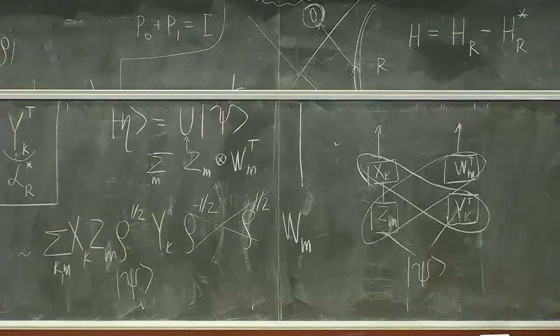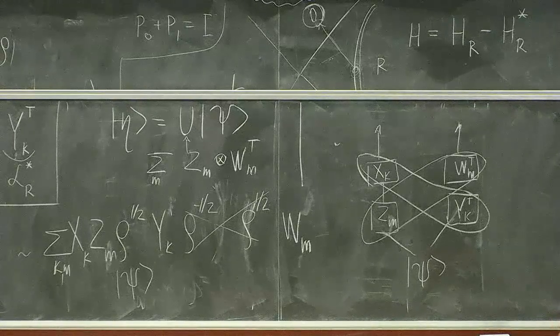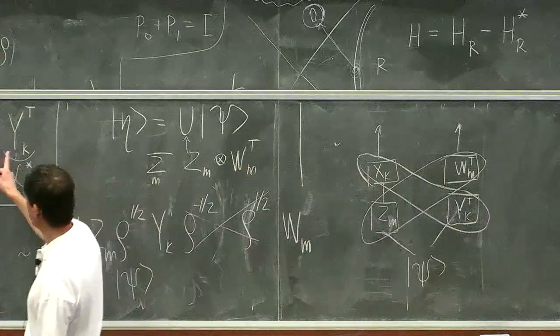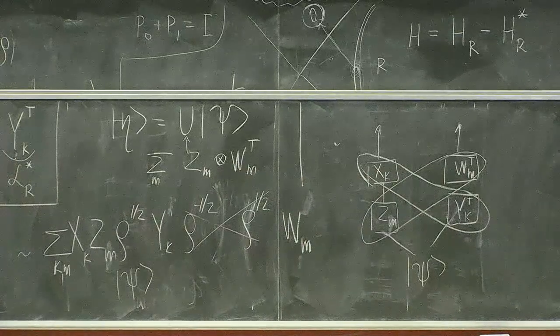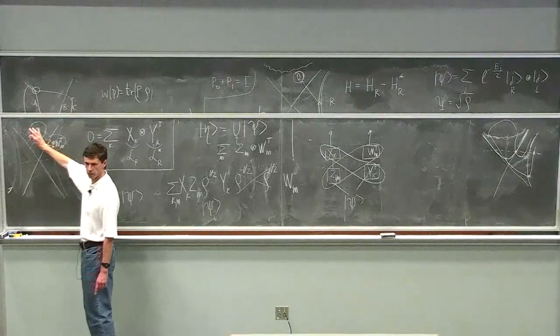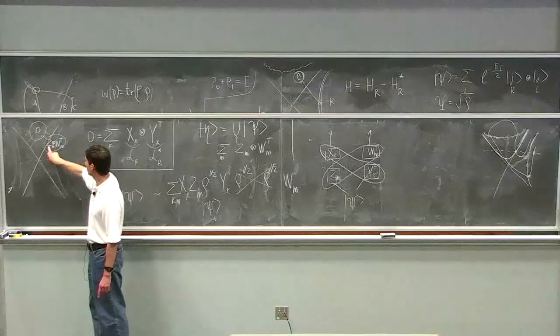Could you say again where Z and W came from? So X and Y are your observables, and Zm tensor Wm is the operator that sends the probe. Zm acts on the physical degrees of freedom.